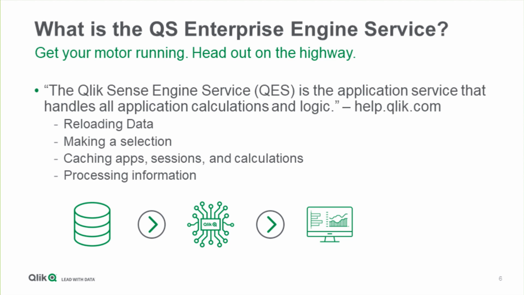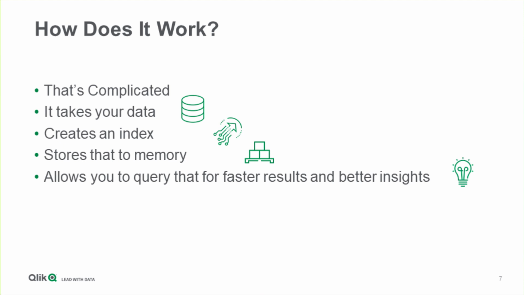You've got a nice diagram here at the bottom that says we take your data, we put it through our engine, we make pretty graphs on your screen. That is the most basic level of information here. Then how does it work? That's more complicated, and it can get very complicated, more than what we can really cover in this presentation today.